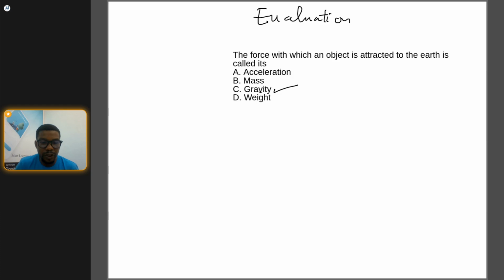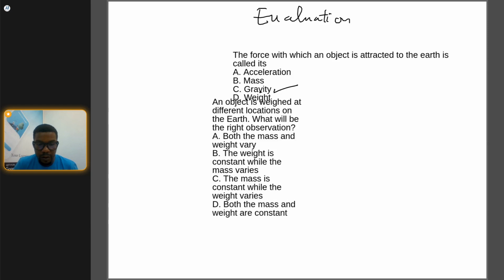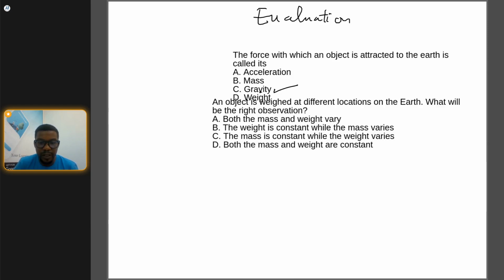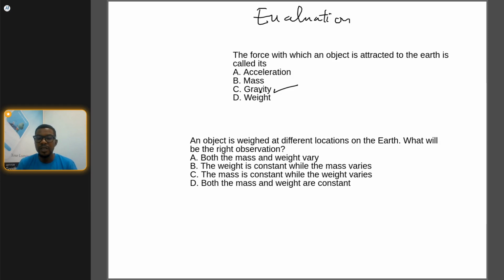Okay, another question. Okay, let's look at this question together again. Yes. So this is the second question for us. An object is weighed at different locations on the earth.